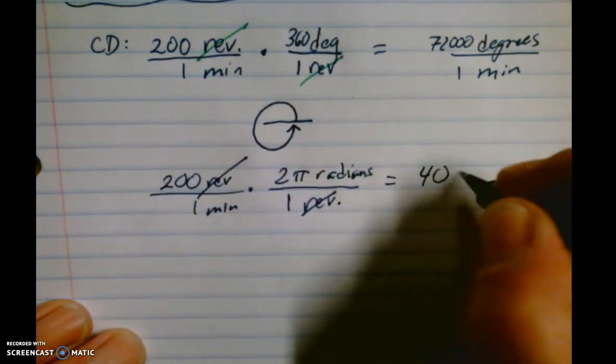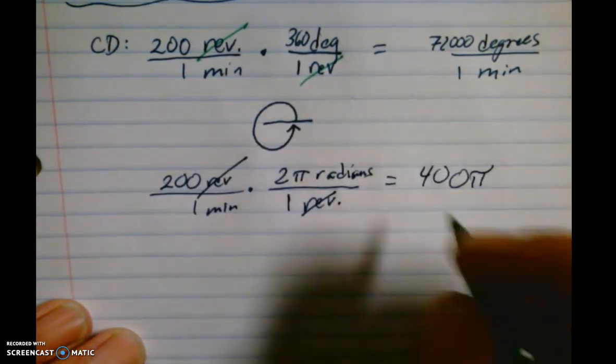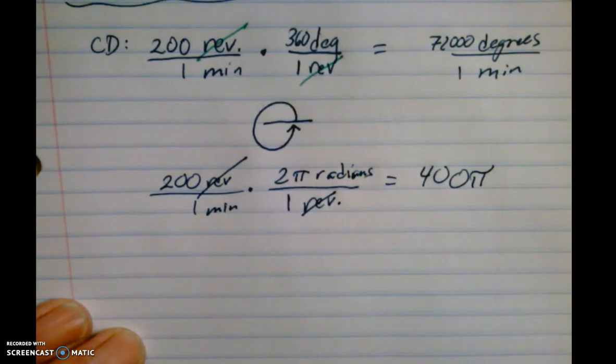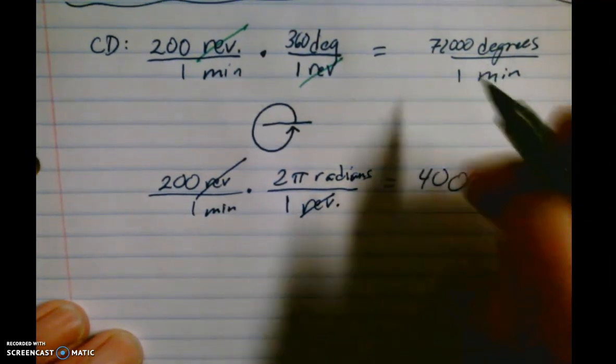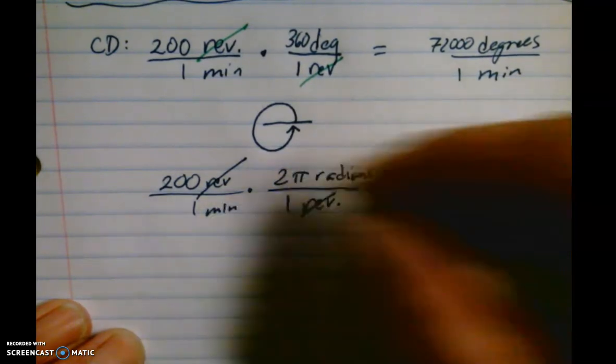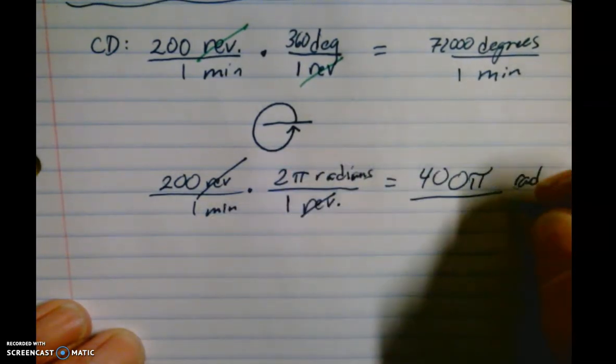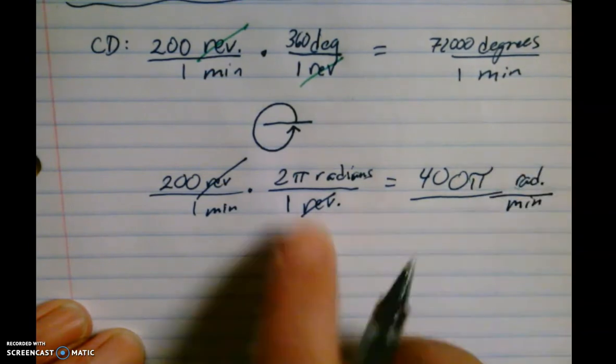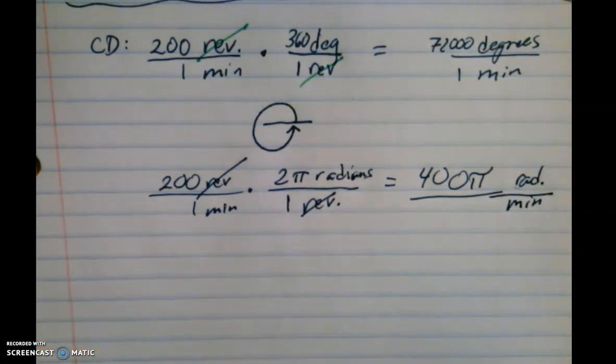And now you get 400 pi. You start to see how pi is a little bit nicer to work with; you don't get 72,000. What is this, though? That's radians per minute, because radians was on top and minutes was on the bottom. And this works for any type of conversion.